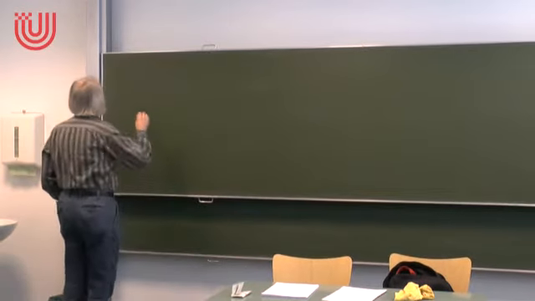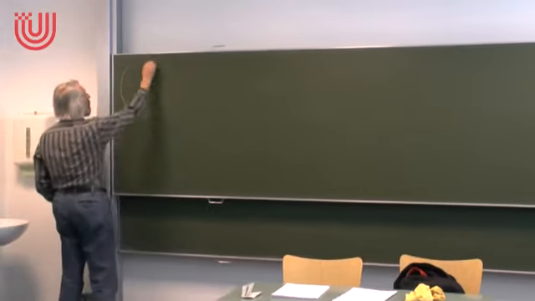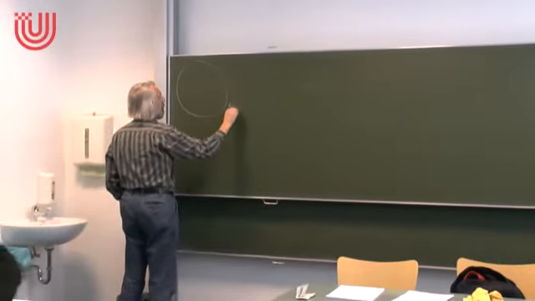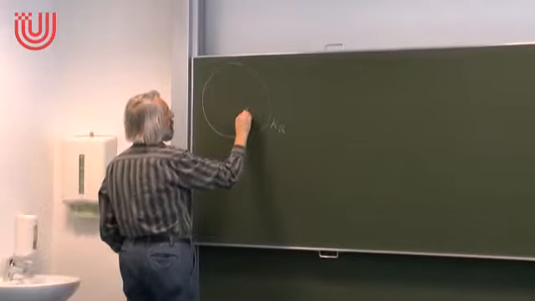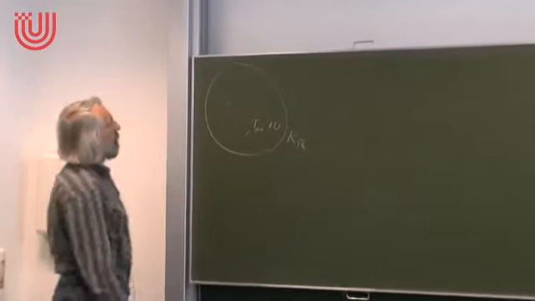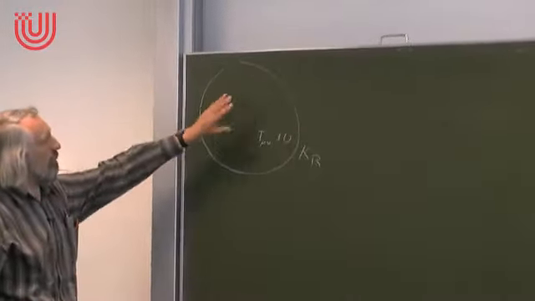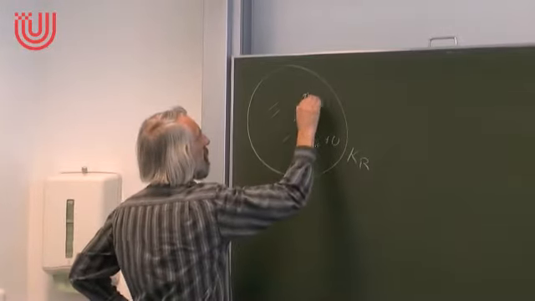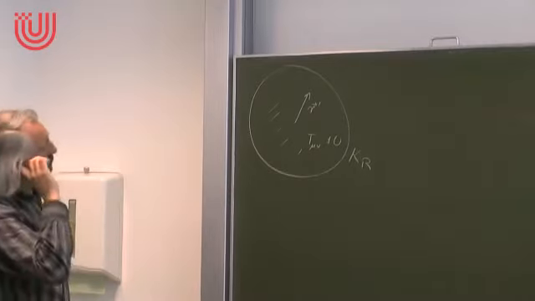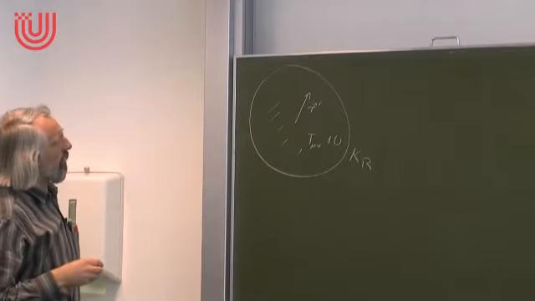So the situation we are considering was that we have a sphere of radius kr, and only inside the sphere is T mu nu different from 0. So the source, whatever it may be, is confined to this sphere. So we had this vector r prime, which we use as the integration variable.